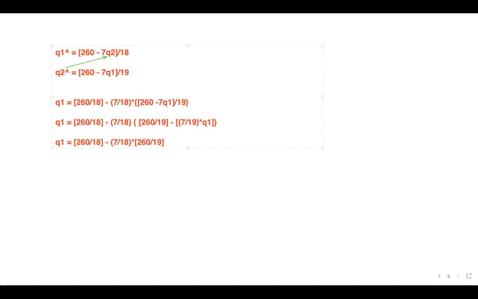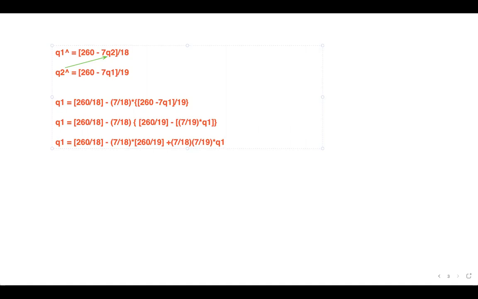Obviously we're multiplying two negative numbers together, so it's going to be a positive, and then we'll get the 7/18 times the 7/19 times Q1. Now we have everything disaggregated pretty well.